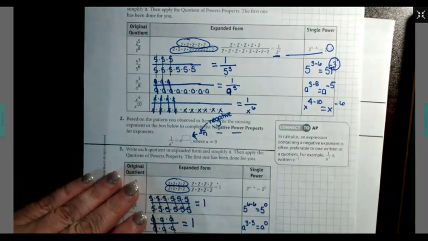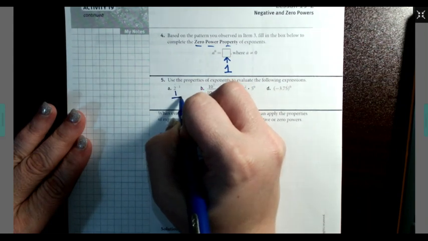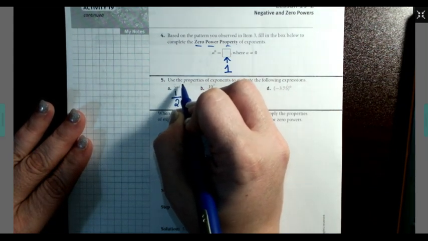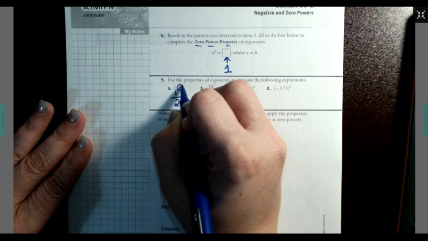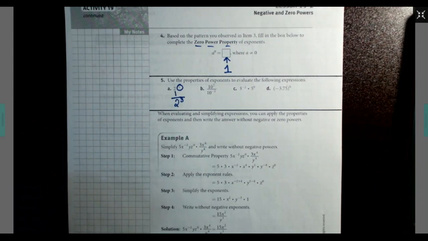It has an opposite sign of it. So, we're going to do 1 over 2, and this now becomes positive. So this now becomes a positive 3. 1 over 2 to the 3rd power.